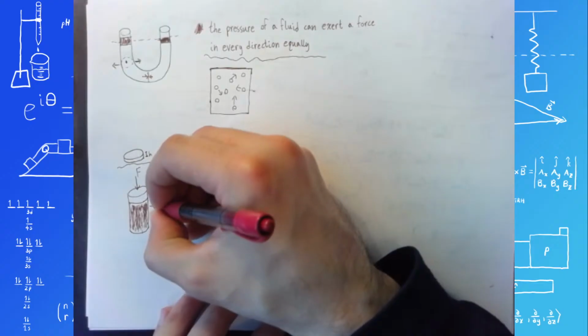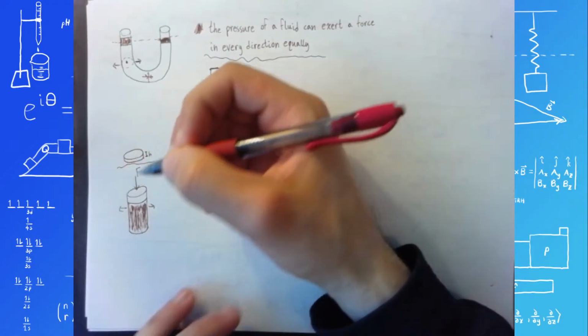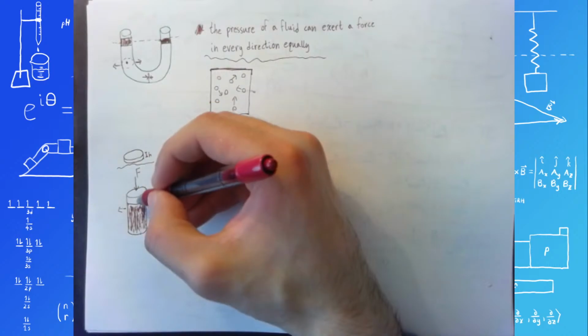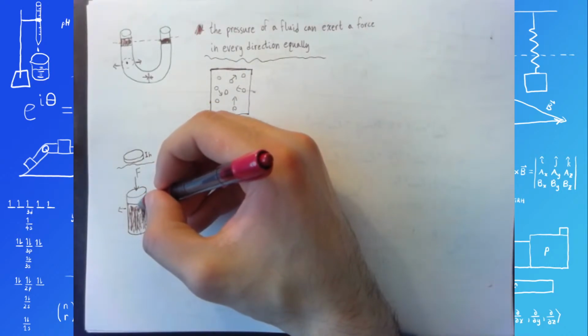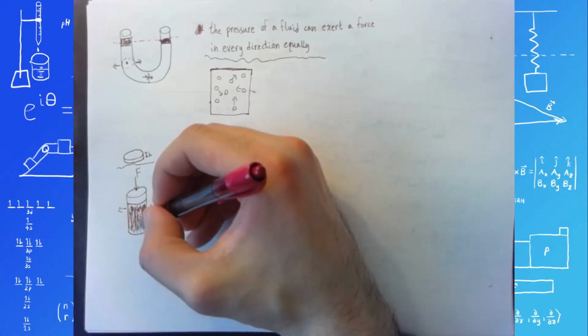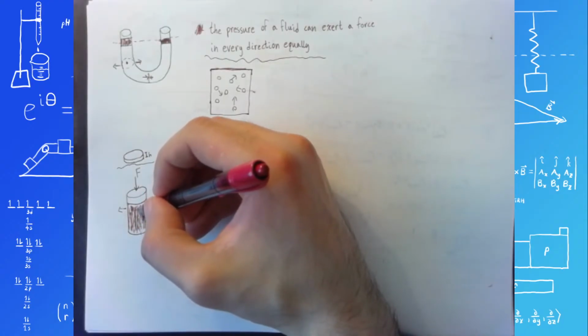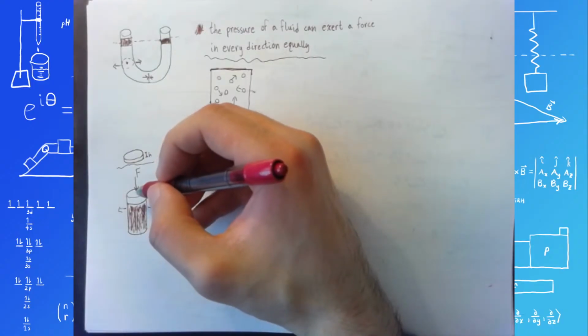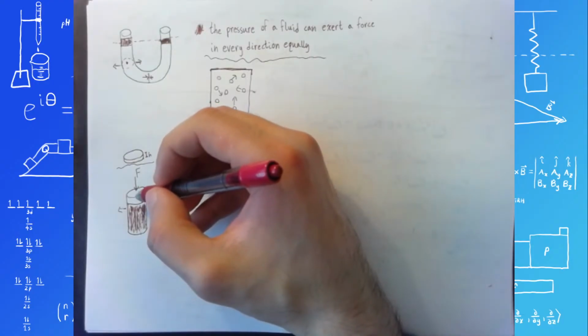It's going to try and start moving this way and this way. The liquid particles are going to start pushing on the walls. If you increase the force on them from above, they are going to start pushing harder. Yes, they're going to start pushing harder down, but the particles beneath them are going to just exert a stronger normal force up because they don't want to be crushed by the weight of what's above them.